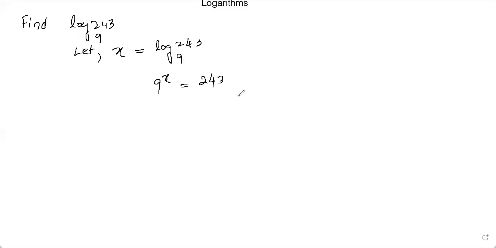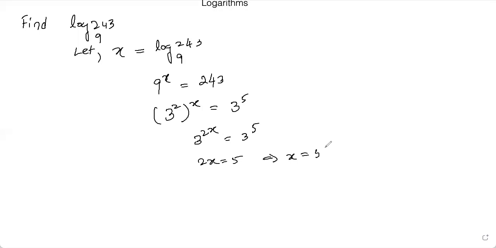So this is 3 square to the power of x, and this will be again 3 power 5. So this will be 3 power 2x, and this is 3 power 5, right? So you can equate this 2x as 5 and x is equal to 5 by 2. So you got log 243 to the base 9 as 5 by 2, right?